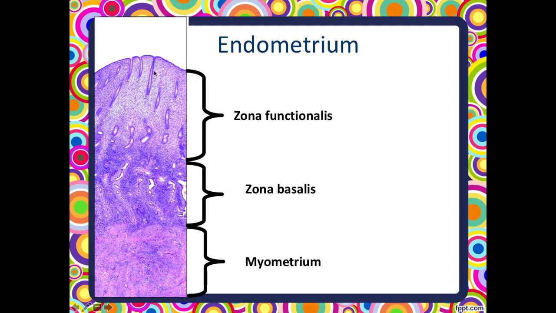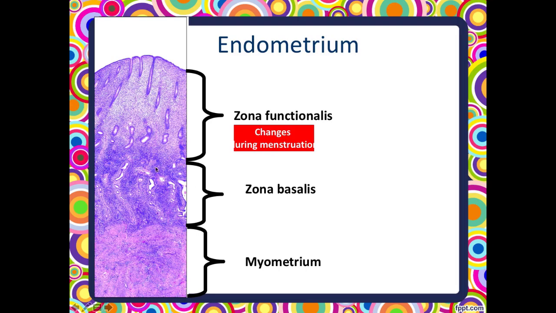You can see that they are simple tubular glands. So this is the zona functionalis, or functional layer, which is the layer which undergoes the cyclic changes during the menstrual cycle and is also sloughed off at menstruation.